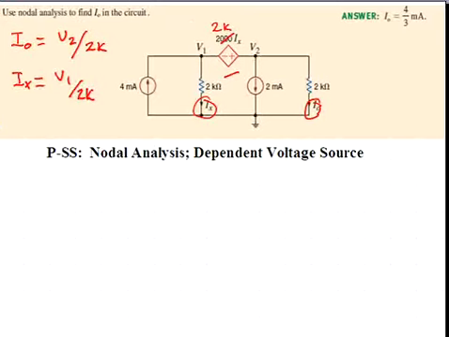And finally we have the supernode here, this voltage source connecting those two nodes.